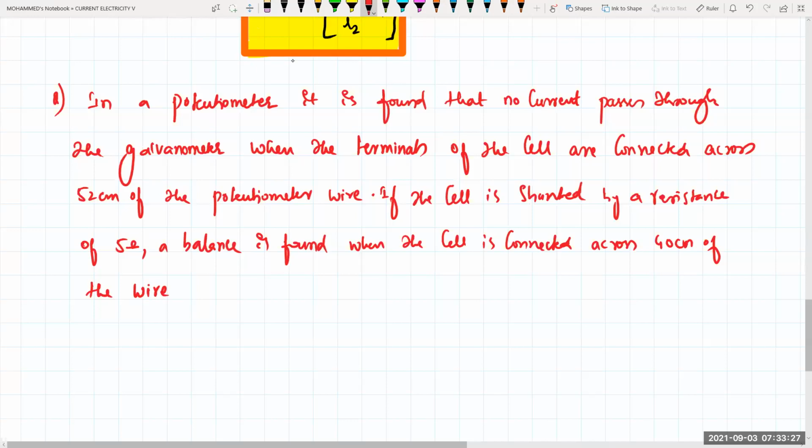Find the internal resistance of the cell.